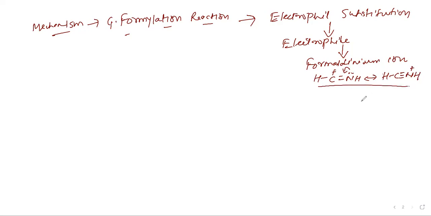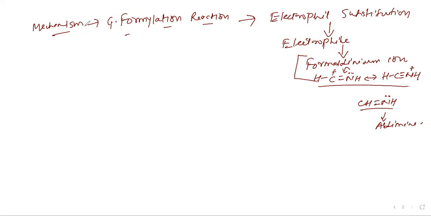And remember this CH double bond NH, this we call aldimine. So this is your electrophile in this reaction. Now this electrophile will attack at the para position of phenol, which will undergo hydrolysis to give you the aldehyde group.